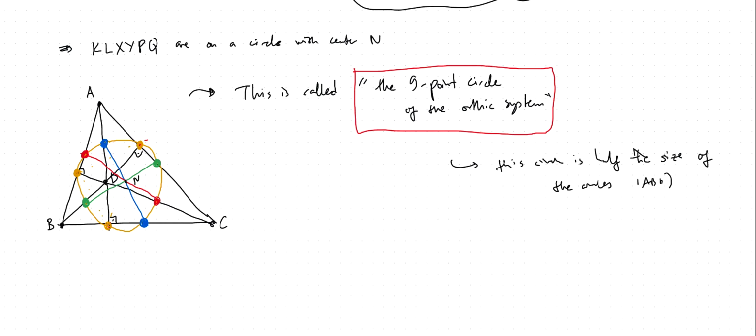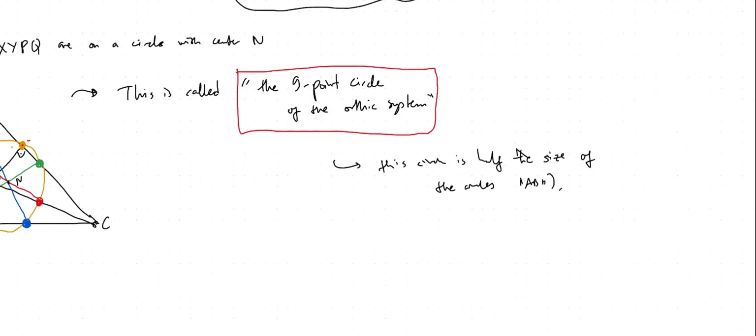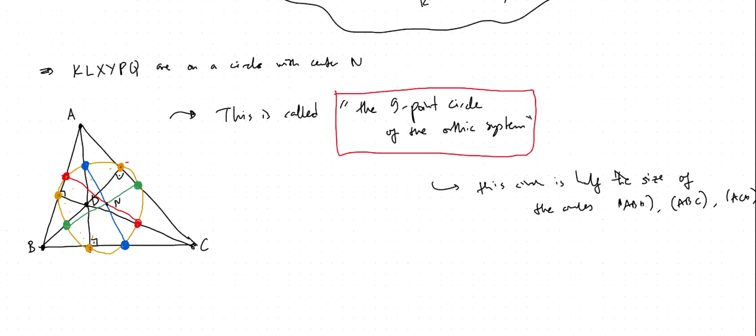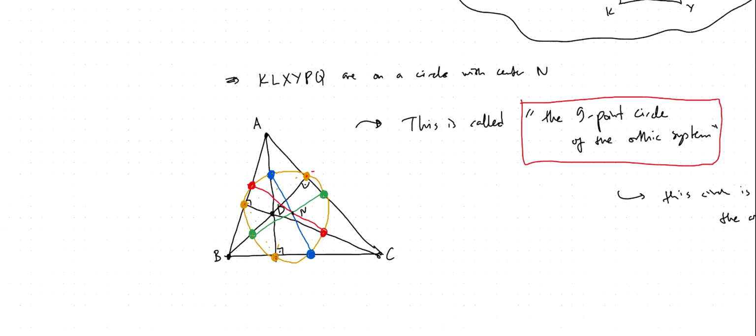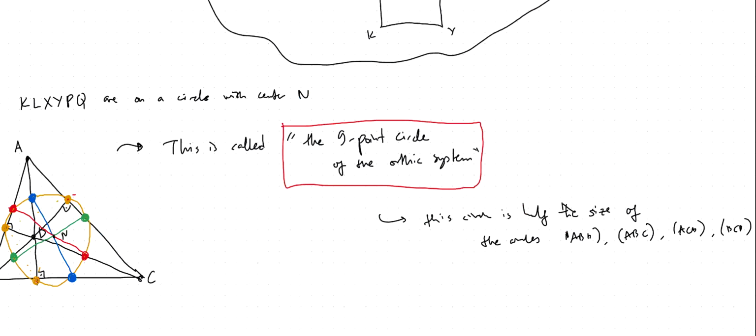These equal circles. Why? How can you prove this? It should not be difficult.